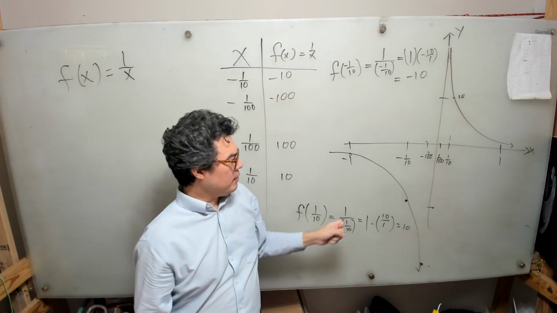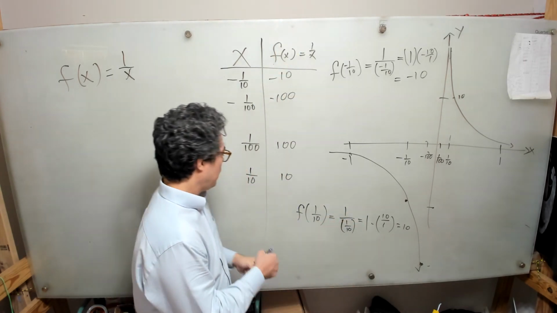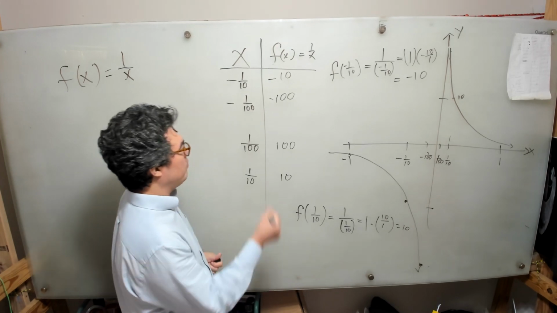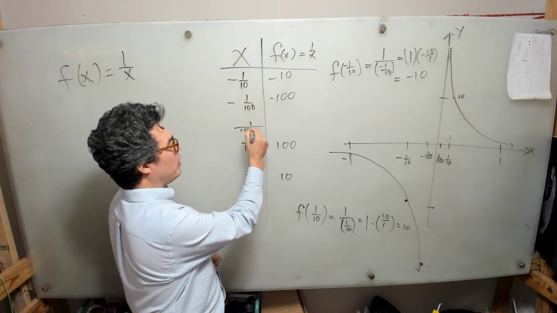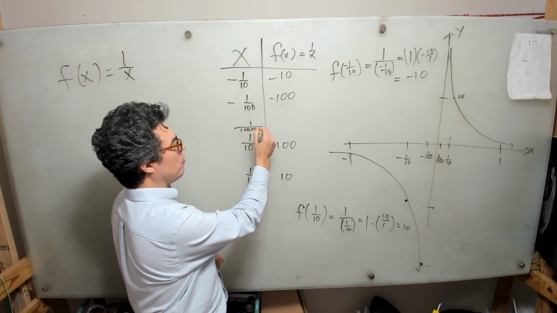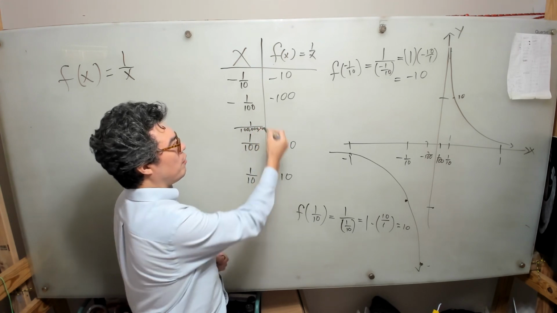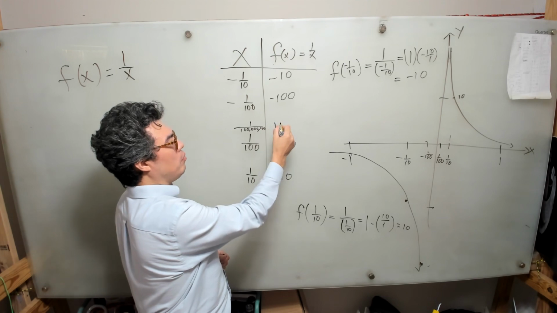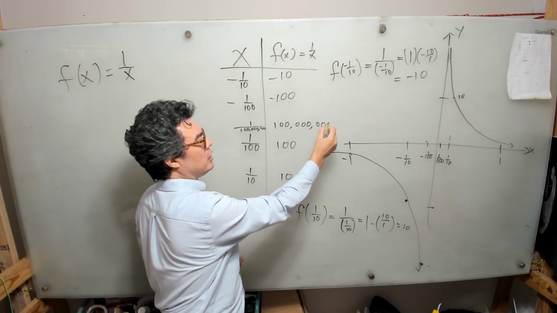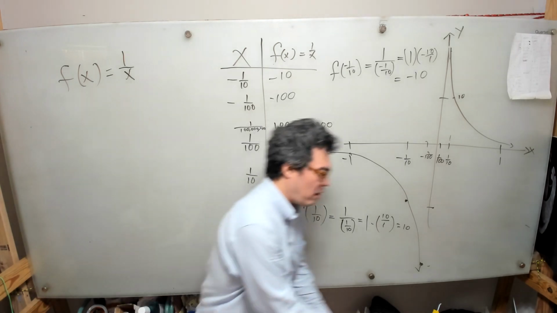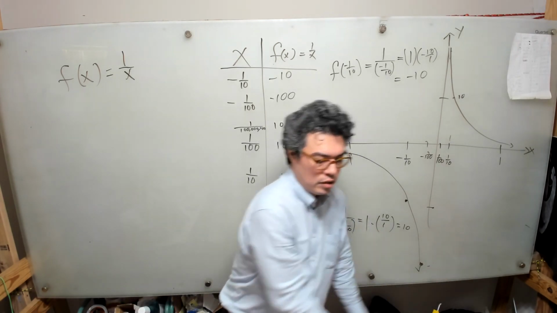If we were to divide, for example, 1 over 100 million, just for fun, what would the function value be? It would be 100 million, right? Now, of course, this is not really that big of a number. When you think about it, we can think of much bigger numbers.